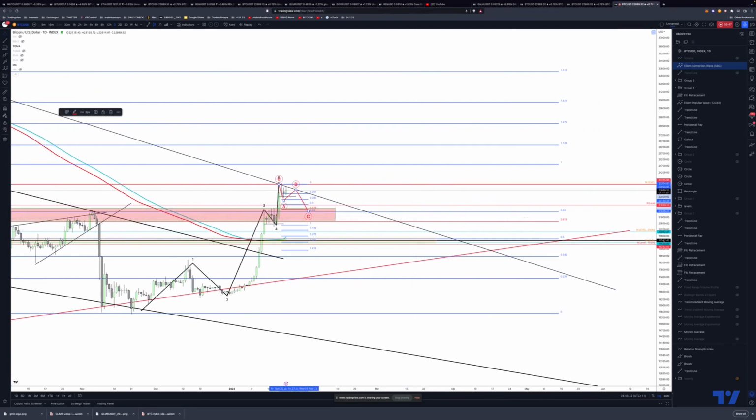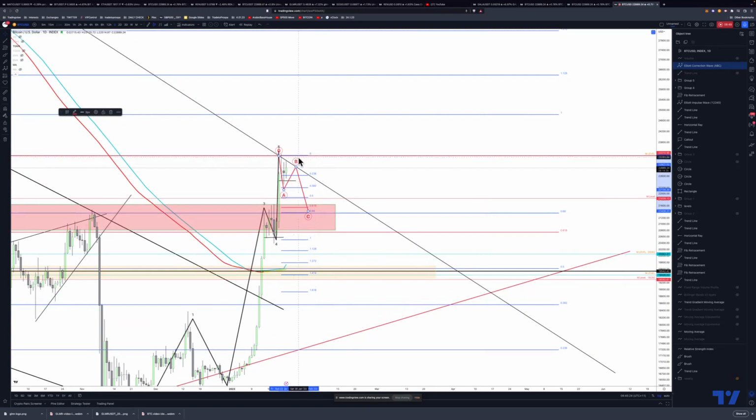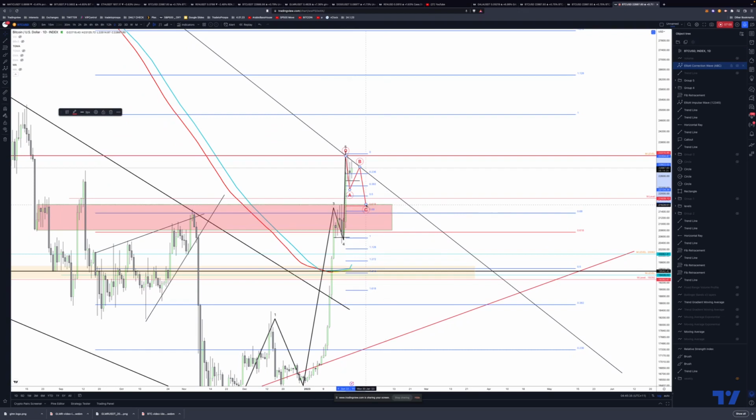If we look at it closely, we have our Fibonacci here, and based on this wave, the 0.618 is there. That's the worst case scenario, and I think it's probably likely to do that because this is such a strong move. We'll probably get a bit of a sell-off, and the resistance is there.